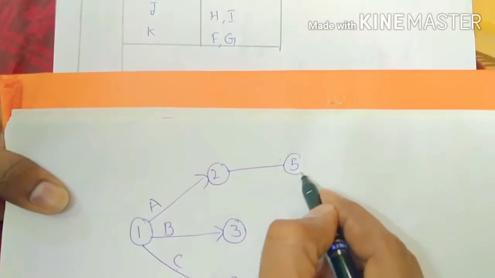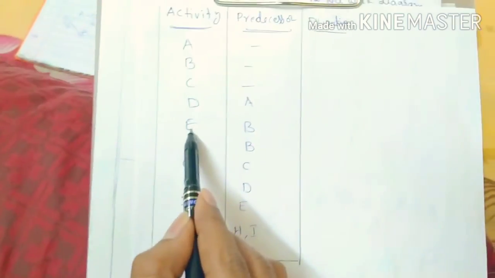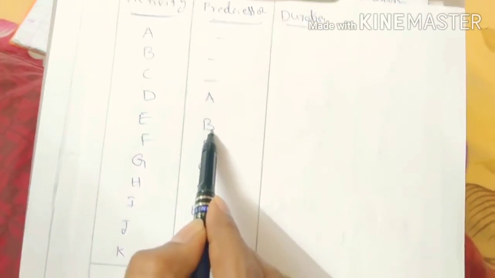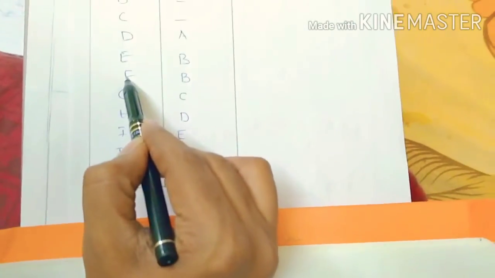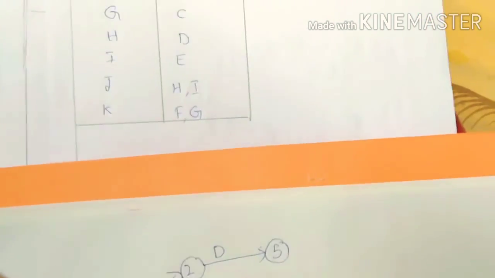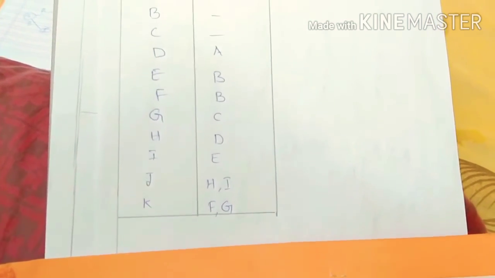So this is node 5, named D. Next E activity should be there. This E activity, before it B should be there. Here F activity is there. Even for F activity, B should be there before it. That means from B there are two activities. So that's why we will write here node 6.